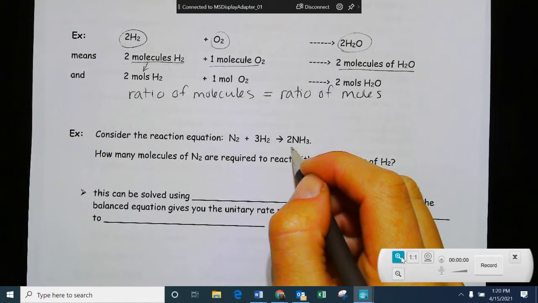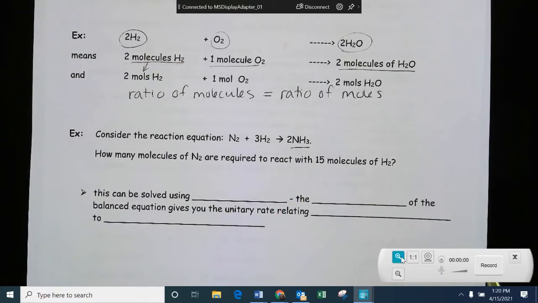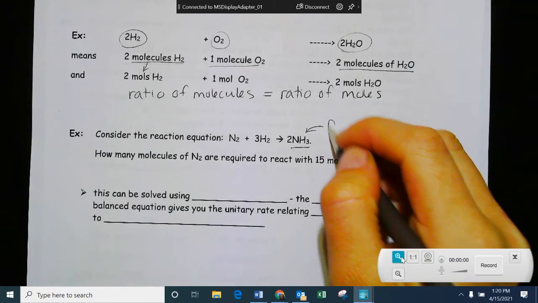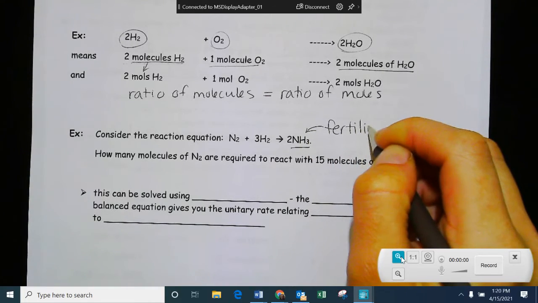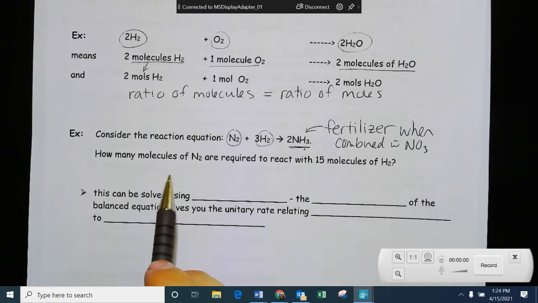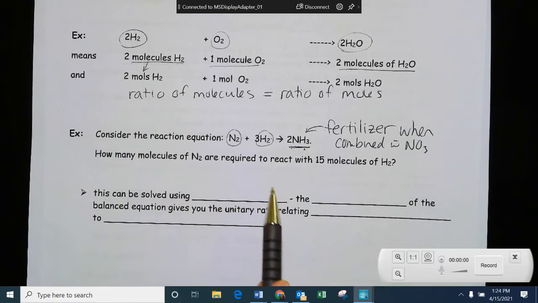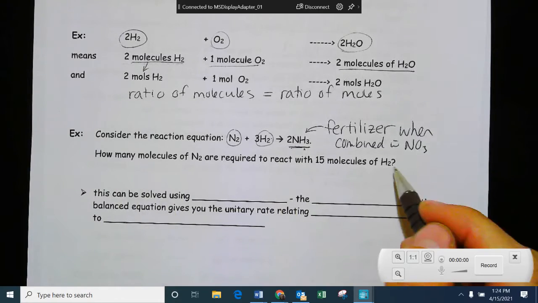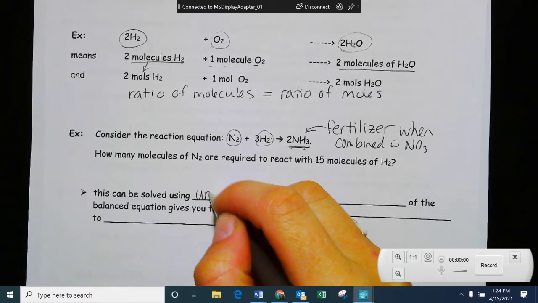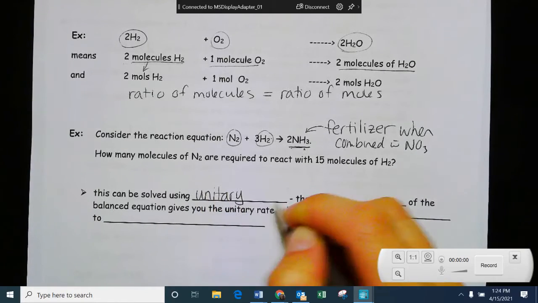Does anybody know what NH3 is? Yeah, ammonia, awesome. And this is also fertilizer, so this is what we might use in our gardens. So how many molecules of N2 are required to react with 15 molecules of H2? What we can do is solve this using unitary rates.